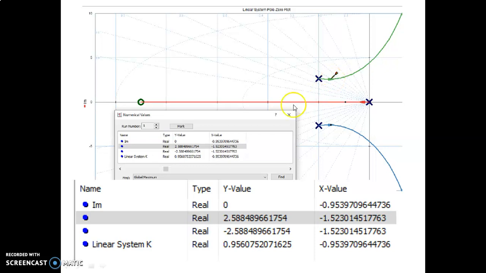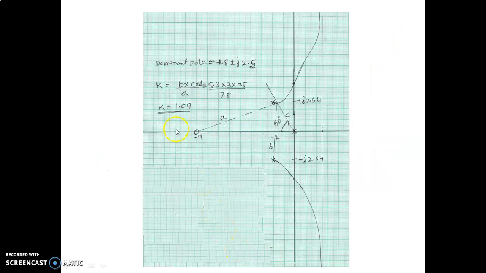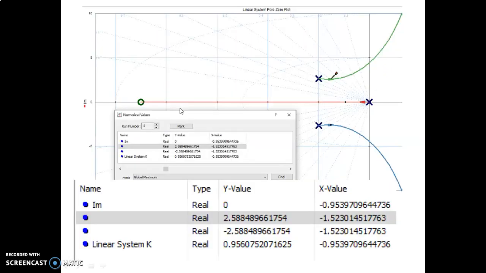If we look at the linear value of k, this is a zoomed version. You can see the value of k comes out to be 0.95, which is almost close to 1.0. They are almost close. You can see the dominant poles here: this is 2.58 and this is minus 1.52.